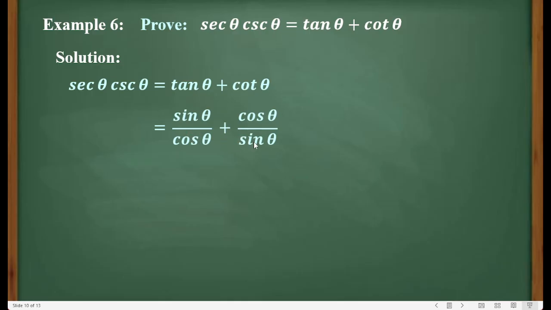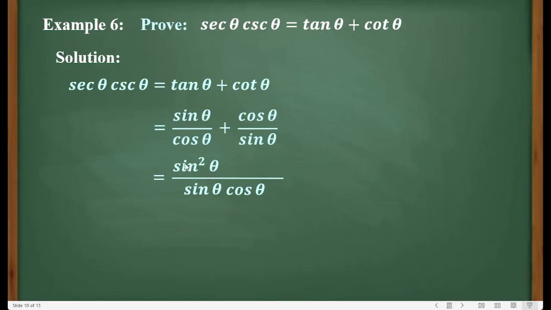So if we're going to combine these two, we get first the LCD. And the LCD is what? The product of these two denominators. So sine theta cosine theta. Then, we divide this LCD by the denominator of the first fraction and multiply the result by the numerator.